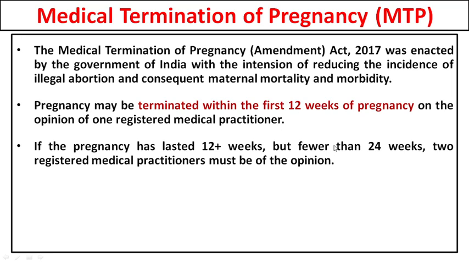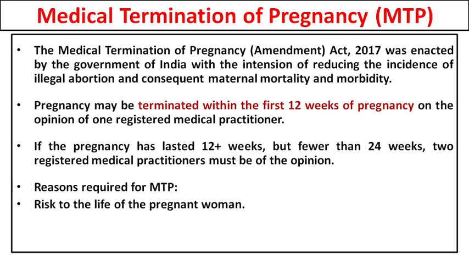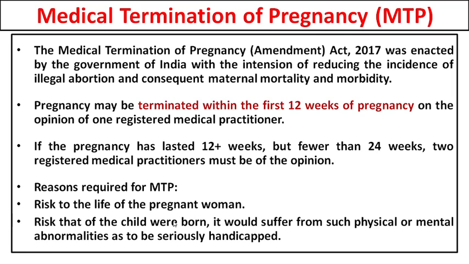But in the second trimester, if the baby or the fetus is removed, it may even have an effect on the mother's health. Hence, the opinions of two medical practitioners are required for terminating the pregnancy. The two major reasons required for this are either there is risk to the life of the pregnant woman, or there is risk that the child, if born, will have some physical or mental retardation or abnormality, or be handicapped.